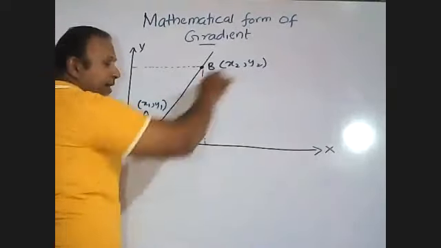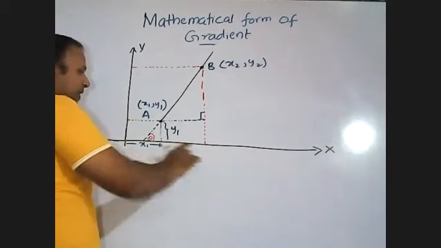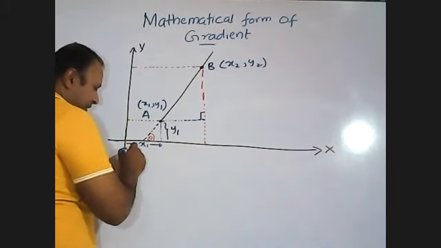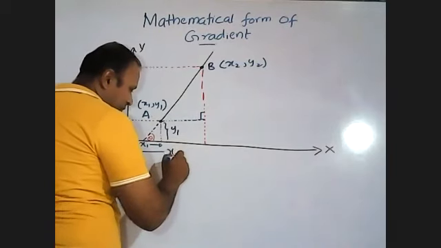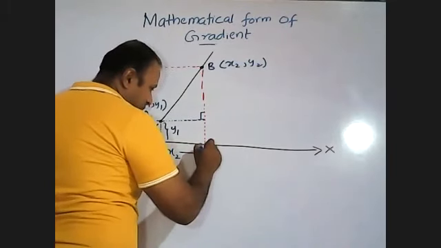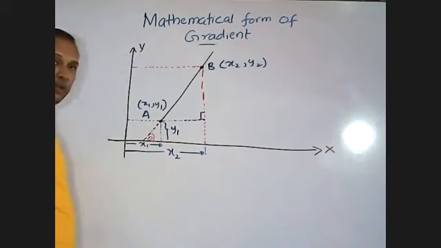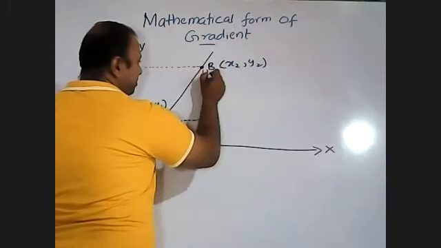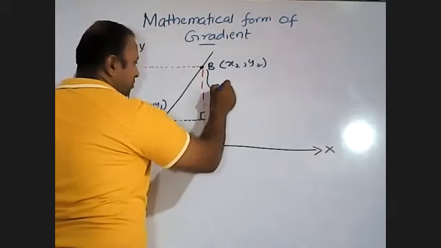As this is x2, y2, x2 means from here to here, and the height is y2.